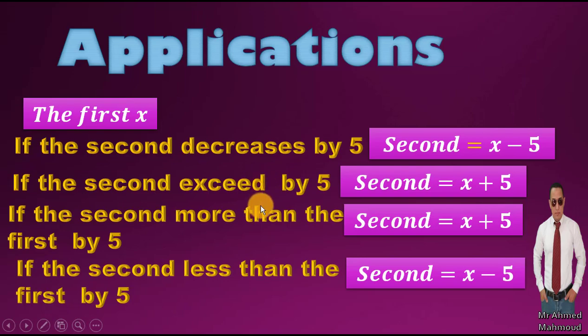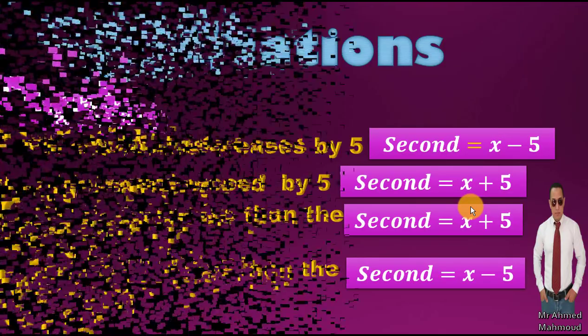Okay, but if we have a comparison as we took in the last examples, all of the comparison means minus. Again, if you have two numbers, the decrease means minus and the exceed or more than means plus. Okay, let's solve the next example.